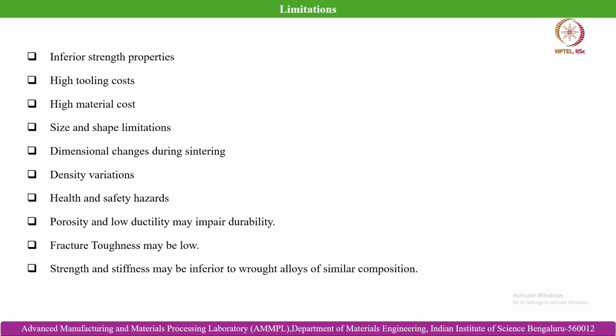The first is inferior strength attributes. Why inferior strength? It is basically because, as I told you, we cannot achieve a powder metallurgy part with 100% density.